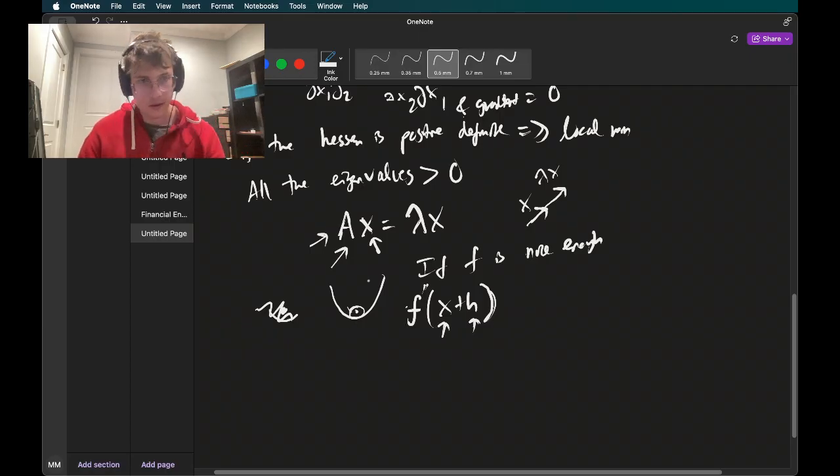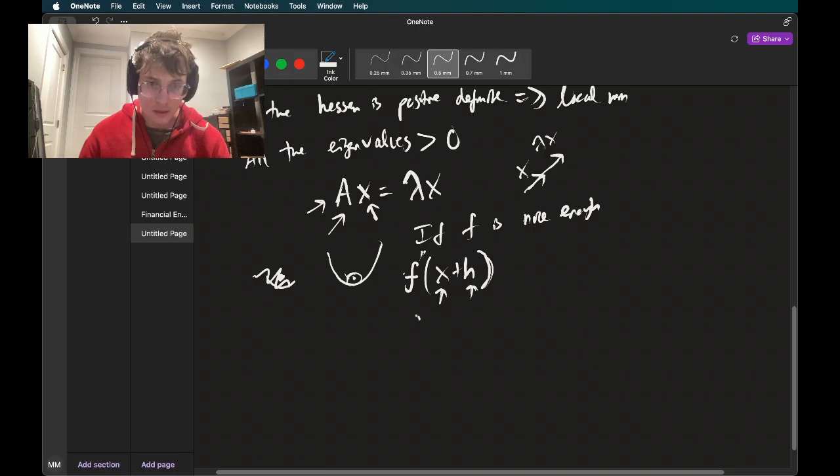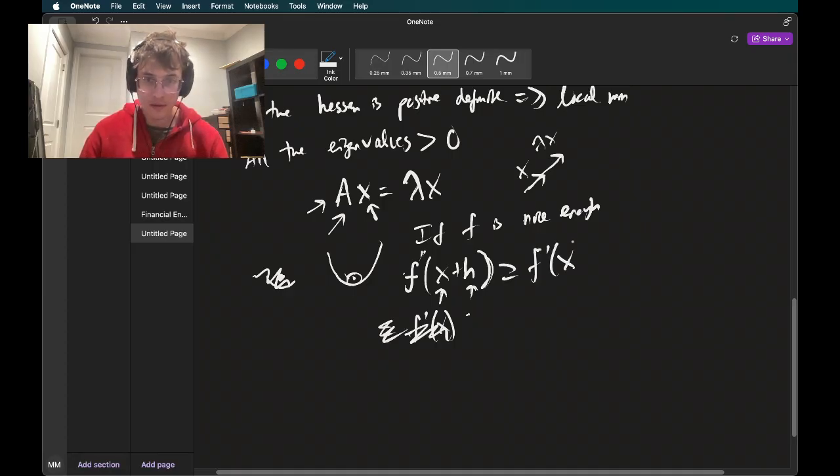Given that the Hessian is positive semi-definite, this change is going to increase. So this is going to be bigger than this, right?